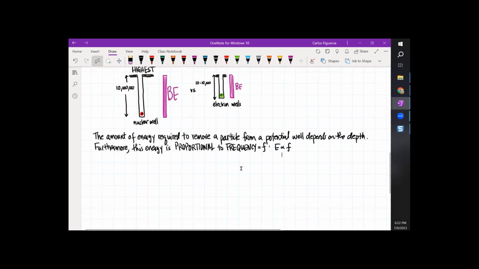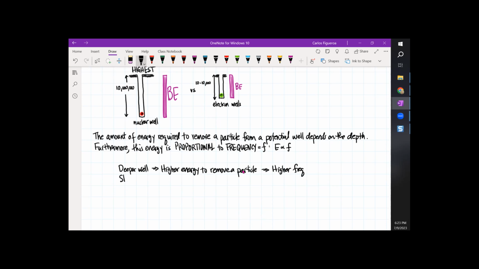So in other words, if I have a deeper well, that means it requires higher energy to liberate or remove a particle, which then means that I have a higher associated frequency.